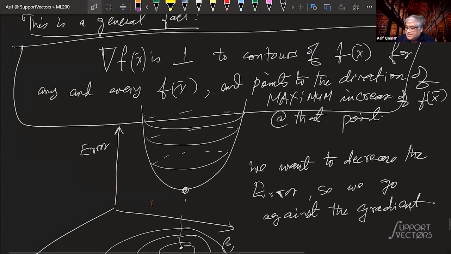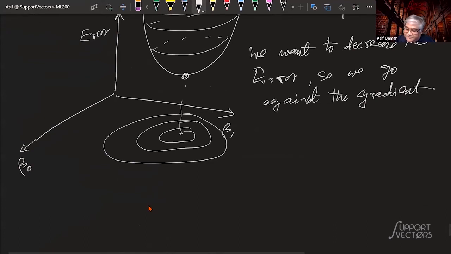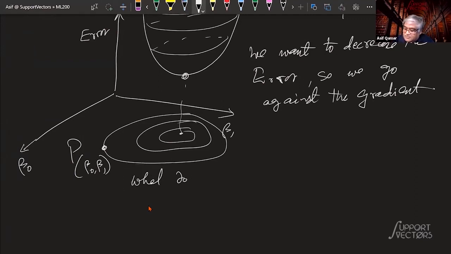In other words, if you are at any given beta value here, let us say some arbitrary point given by beta naught, beta 1, and this is the perfect beta naught tilde, beta 1 tilde. You want to go here. What is the way to go there?